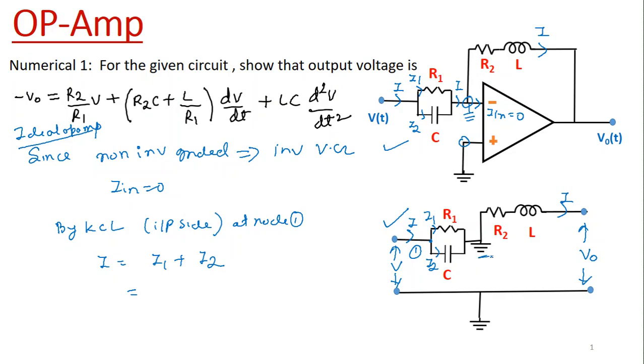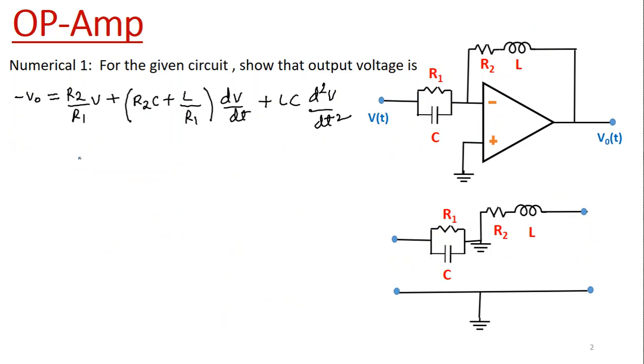So I1 will be equal to V upon R1, and the current through the capacitor is given by C dV by dt. So I is equal to V upon R1 plus C dV by dt. This is equation number 1.